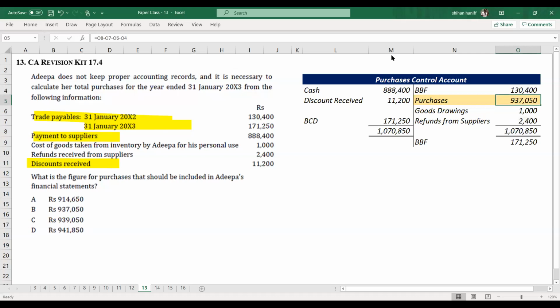No, this is also a purchases account only. But since there are other transactions, we make it a control account. Both are the same. We just use a control account since we are taking other transactions into this, like the salary control account. Salary 37,050.